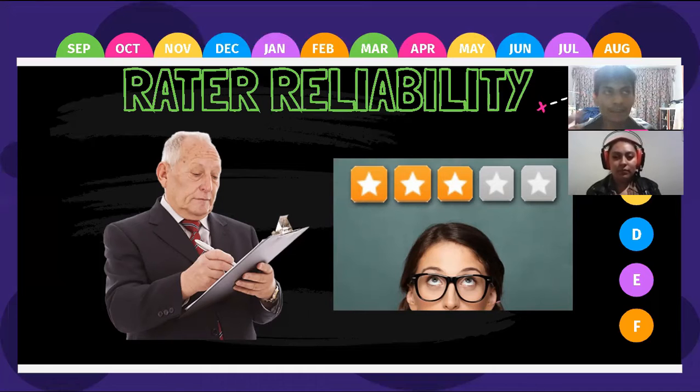For instance, non-standardized speakings, in which you evaluate the performance of your student in a superficial way. So you need to evaluate your student according to what you know. Obviously you can use a rubric created by your own, but it is not a standardized grade. So that's the main intention of rater reliability.